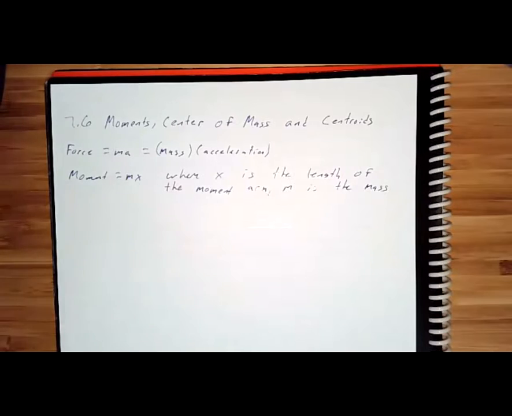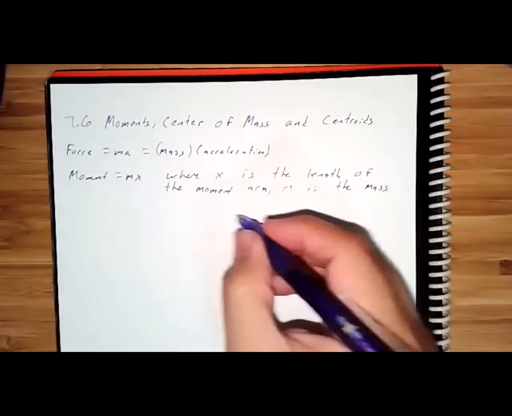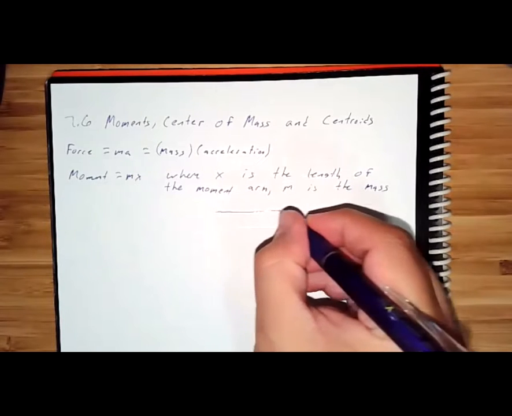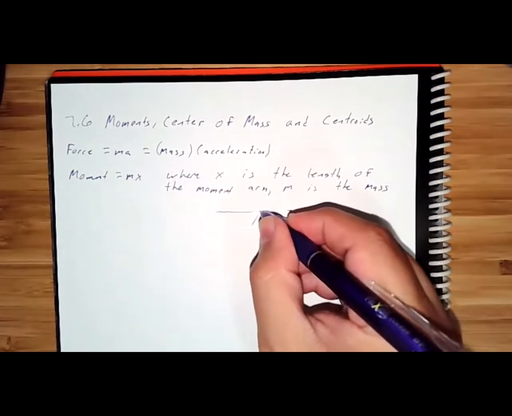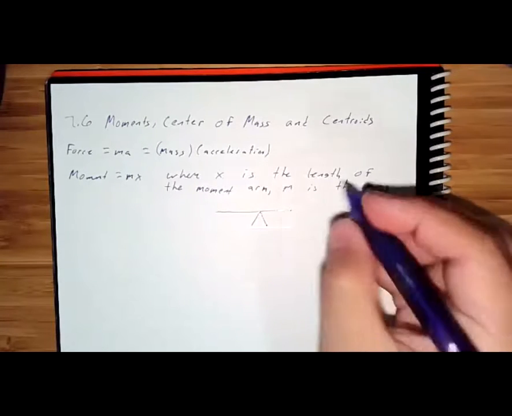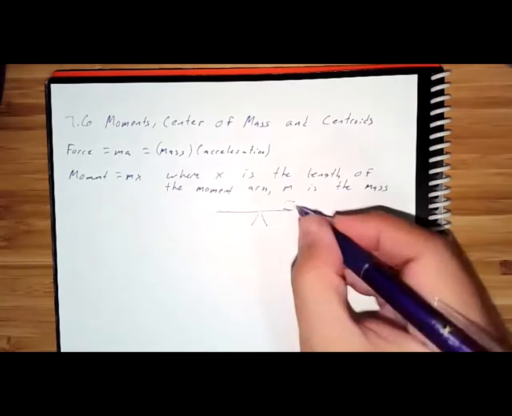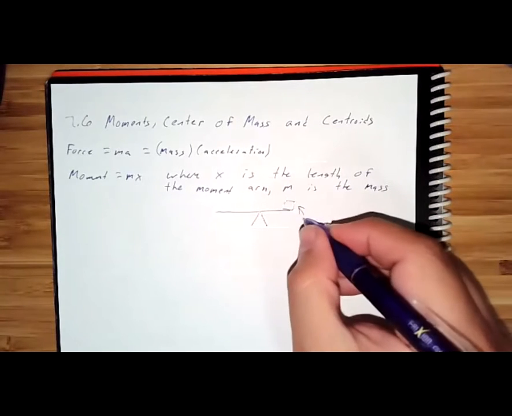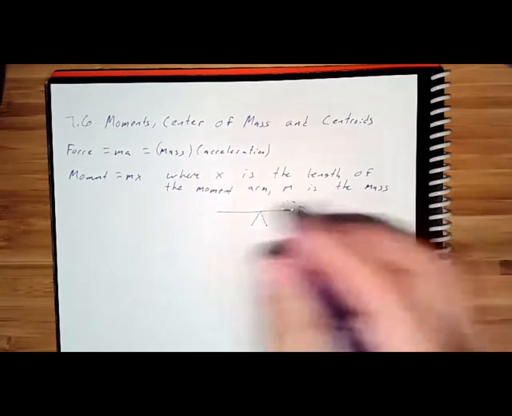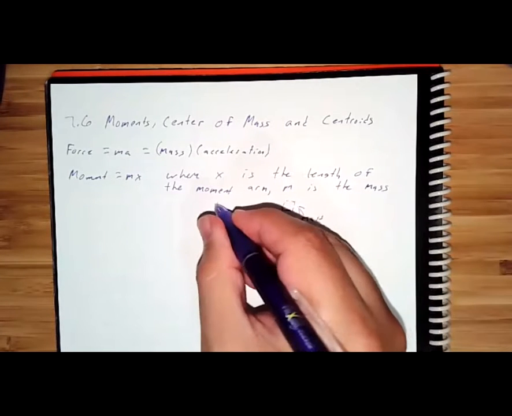Okay, so think like a seesaw. The length of the arm would be the distance from the center of the seesaw to the seat. So you have one mass over here, we'll call that mass 2, and mass 1's over here.